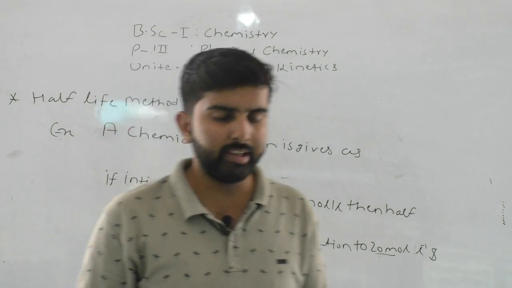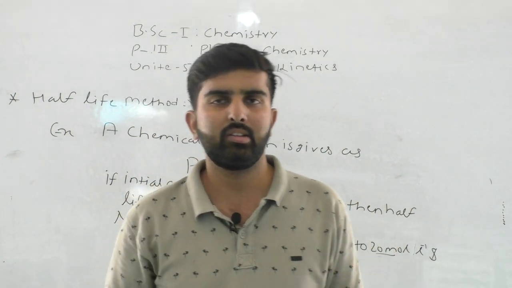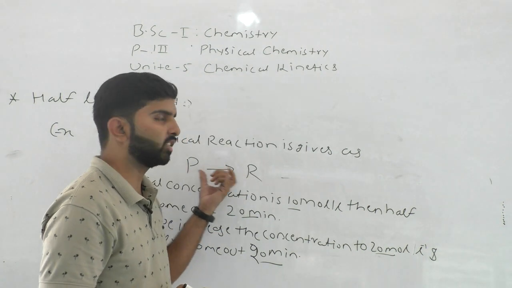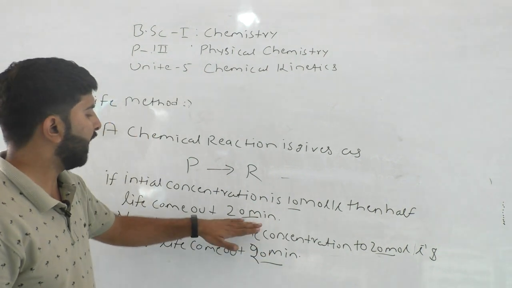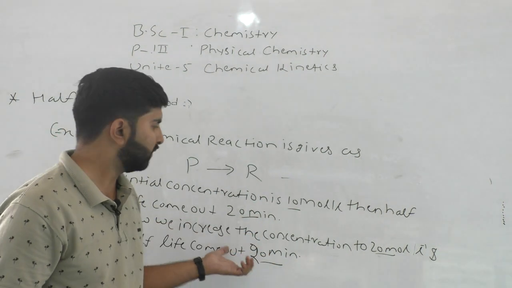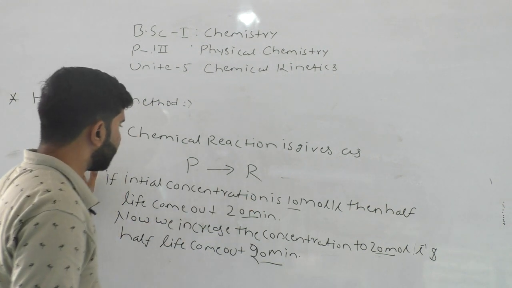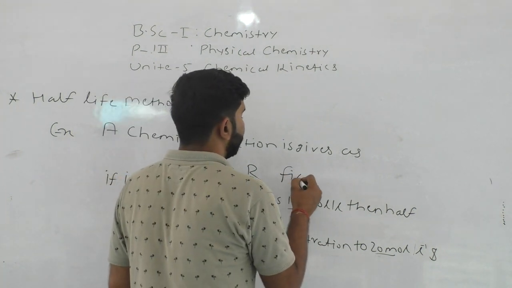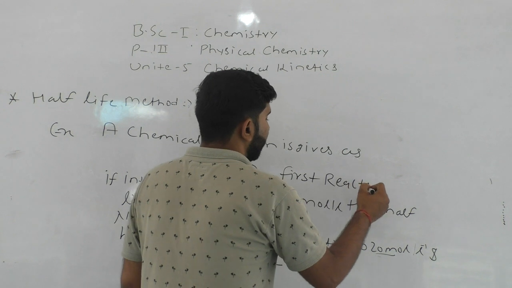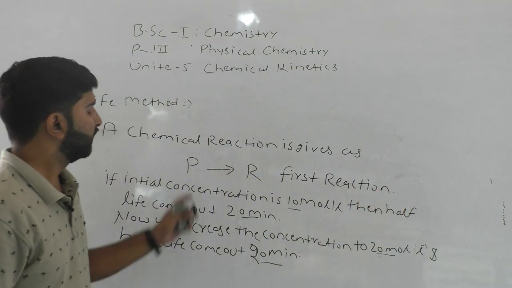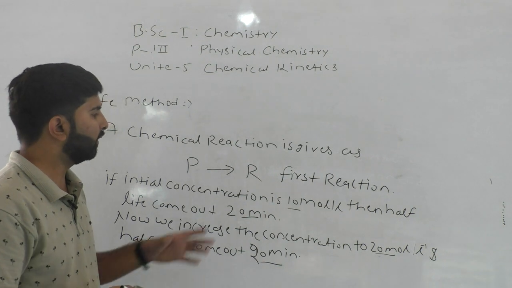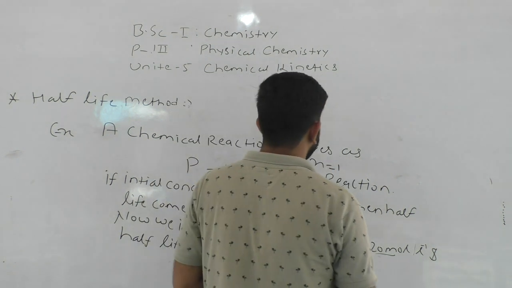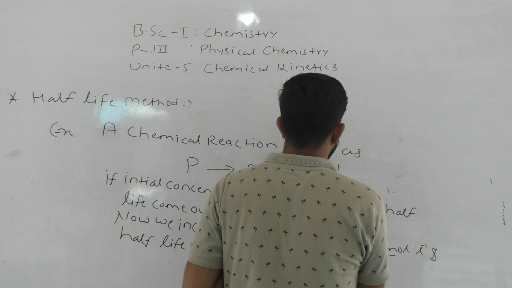That means this reaction's half life does not depend on the initial concentration of the reactant, because the half life comes out equal to the previous time. So this reaction is a first order reaction. If the half life comes out constant, then the reaction is a first order reaction. First order reaction means n equals 1.